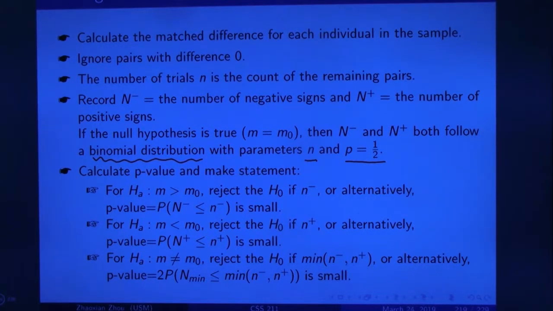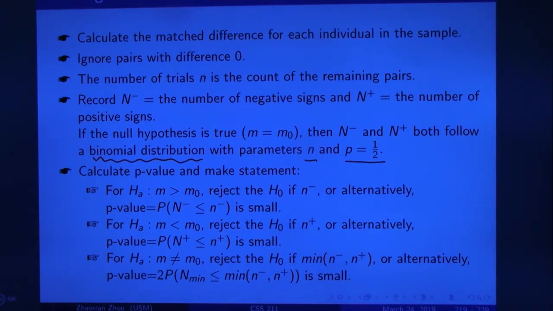So we don't use a Z statistic, we don't use a T statistic. Instead, we are going to use a binomial distribution. So this is different from what we discussed before. The next step is to calculate the p-value, then make our statement.